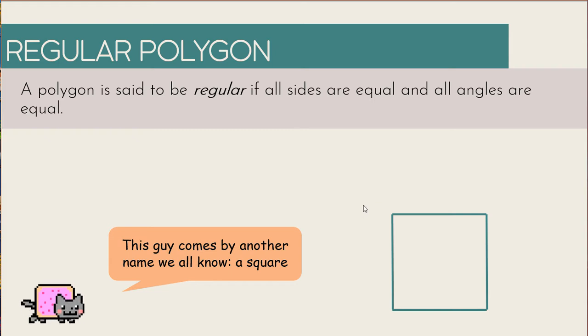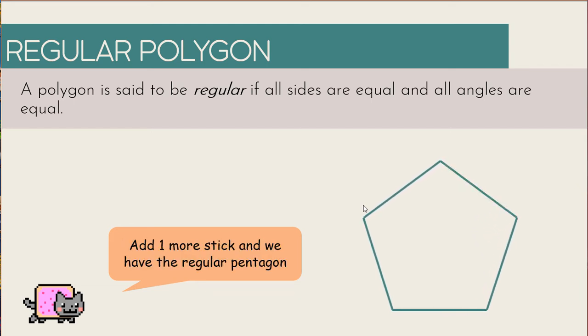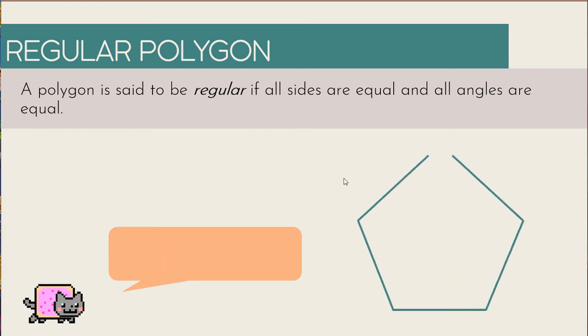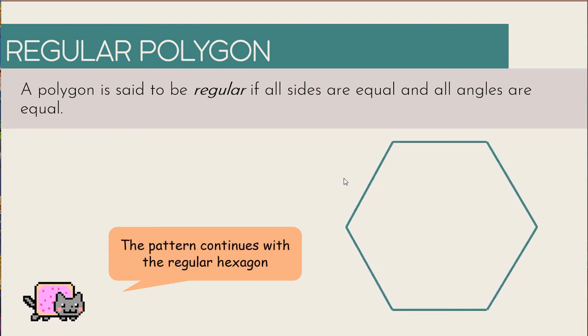All the properties. And if we add one more stick, then we will have a pentagon. And the pattern continues forever with as many sides and angles as we want.